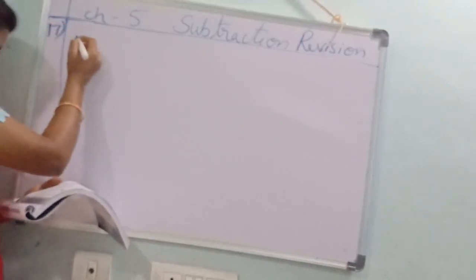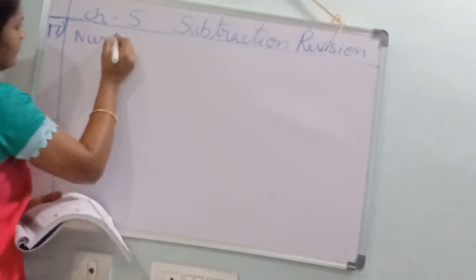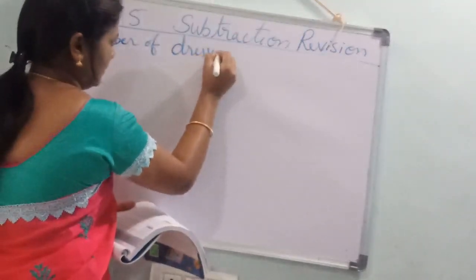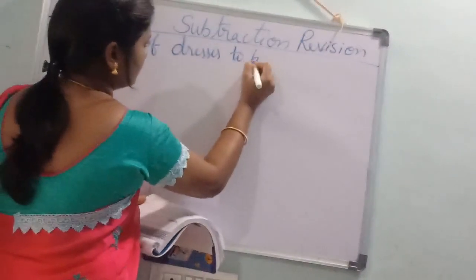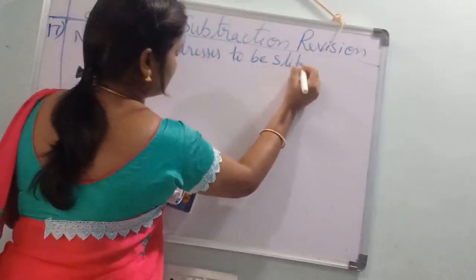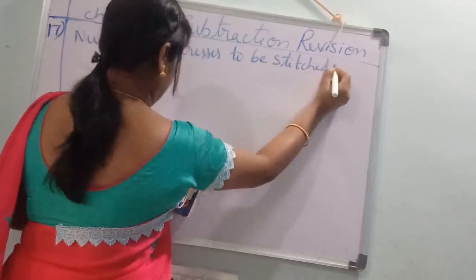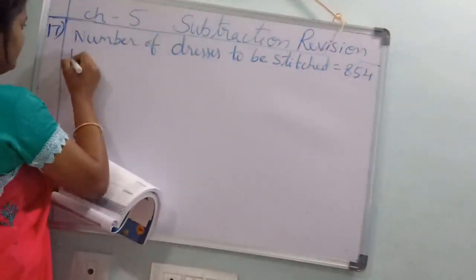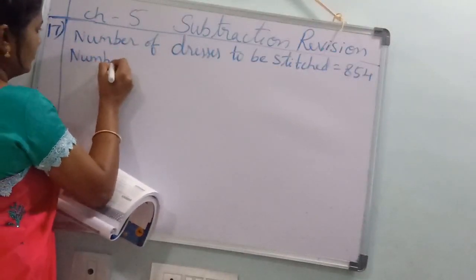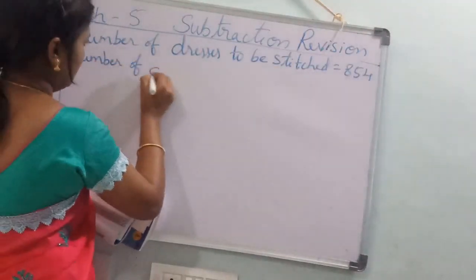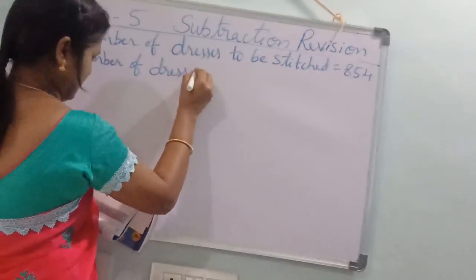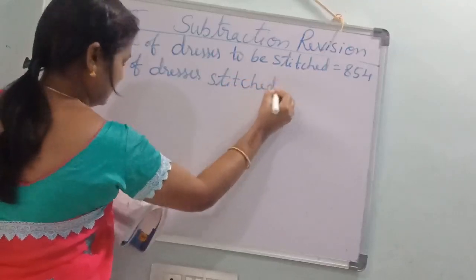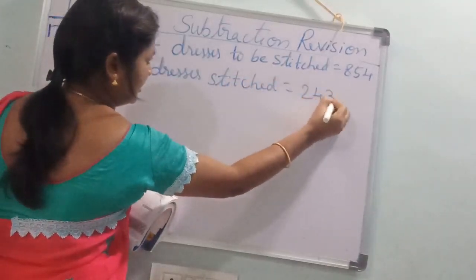See, number of dresses to be stitched. How many? 854. Number of dresses stitched is equal to 243.